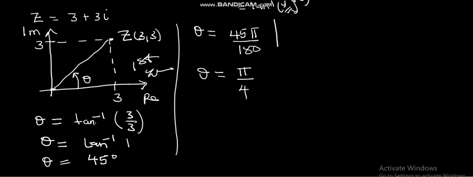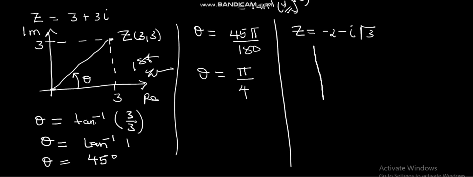We have another example. We have z is equal to negative 2 minus i root 3. Is that okay? So we need to sketch the Argand diagram and we locate the argument. So this is our real axis and this is our imaginary axis.